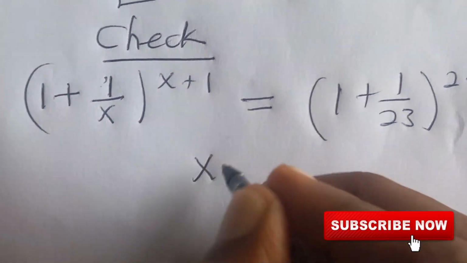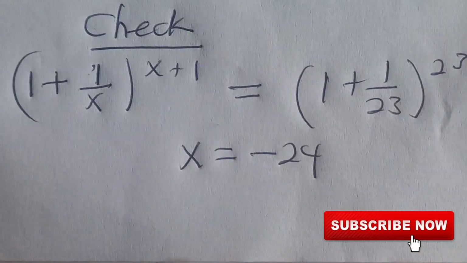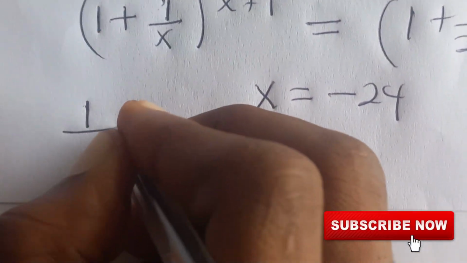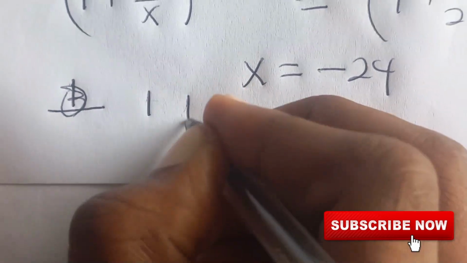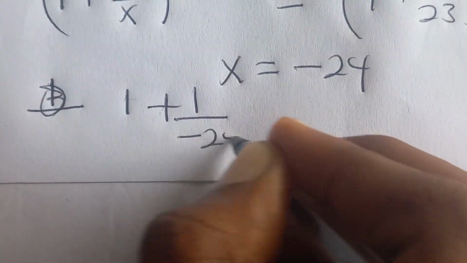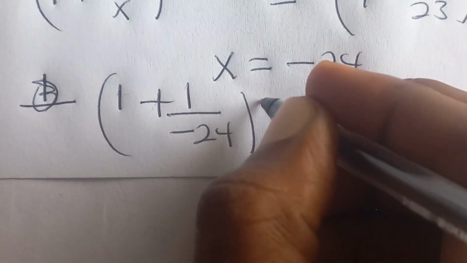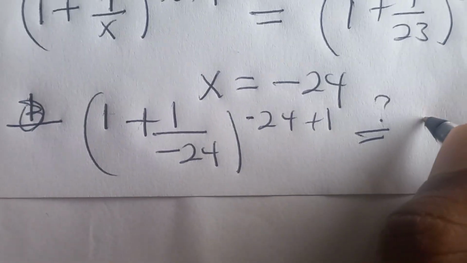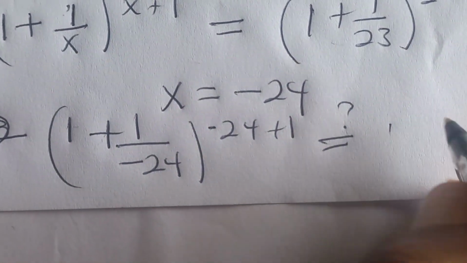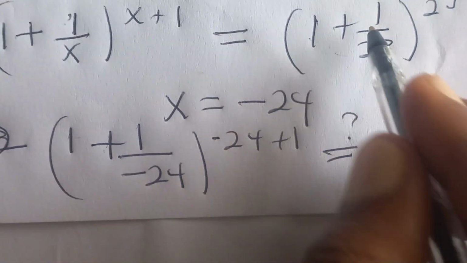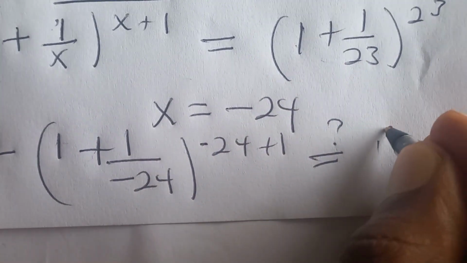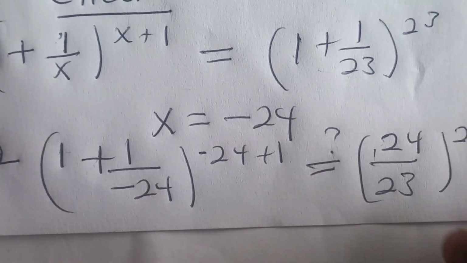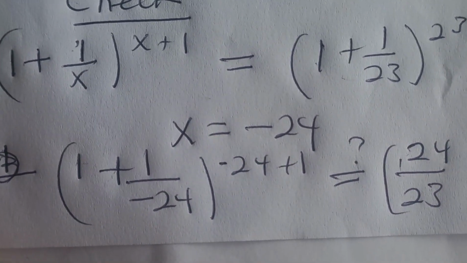Now, when x is equal to negative 24, you're going to get (1 + 1/(-24)) exponent (-24 + 1). On the right, when you sum up, you are going to get 24 over 23, all exponent 23.